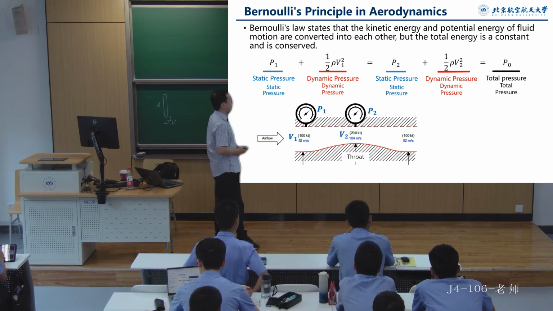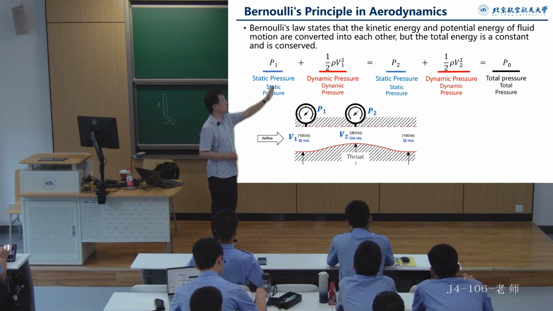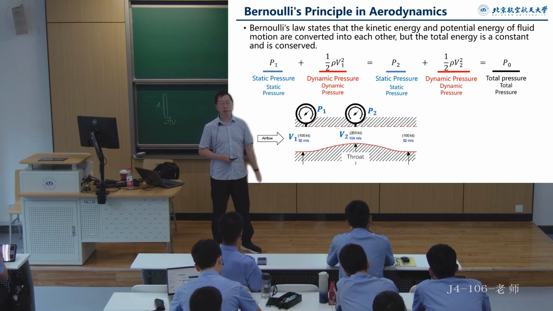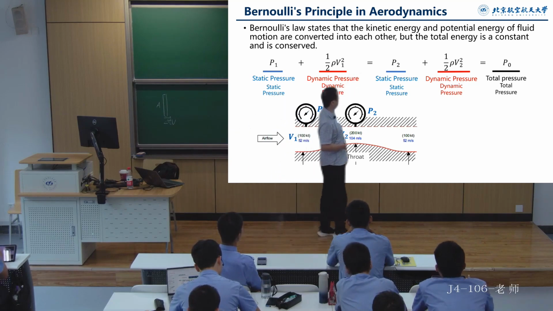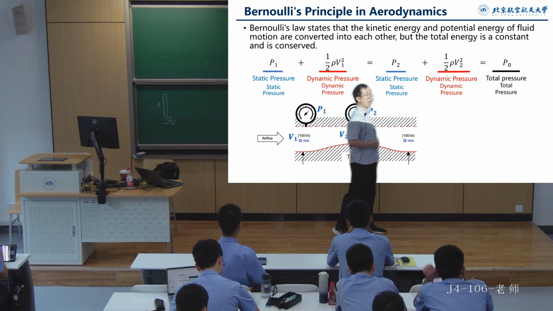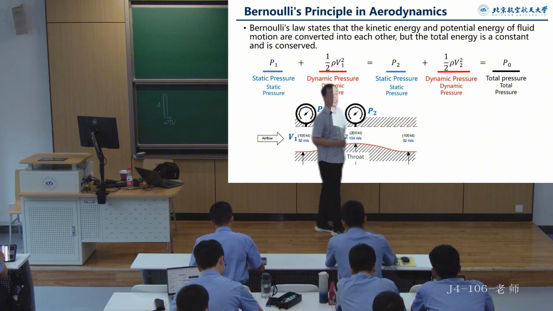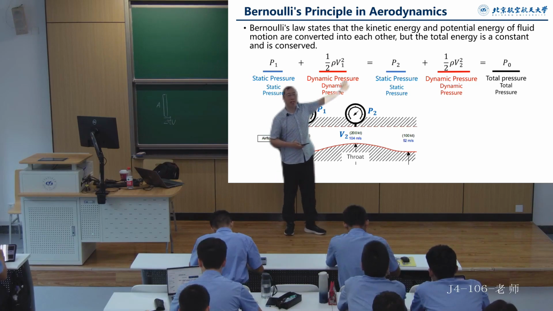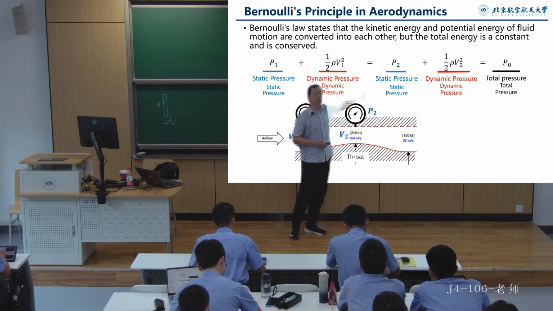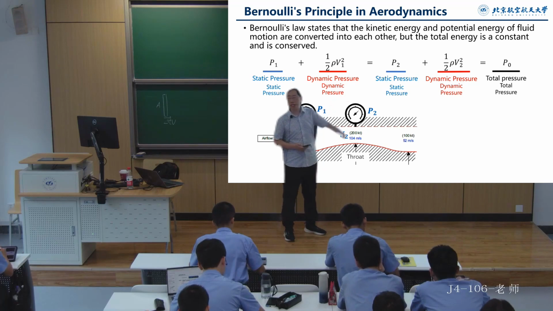In this context, we usually assign a name to each term in Bernoulli's equation. The first term, this pressure value, we refer to as static pressure. Now note that this static pressure is slightly different from the static pressure we discussed in the atmospheric system in the previous lecture.